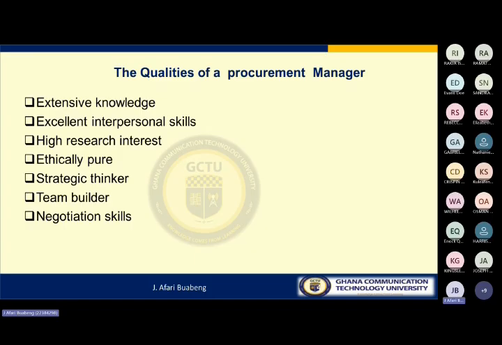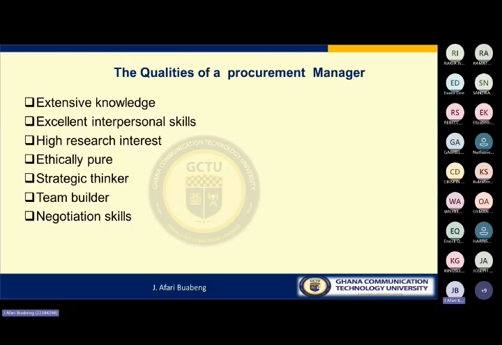I've already mentioned that we deal with a whole lot of stakeholders, primarily internal stakeholders. Who are the internal stakeholders? Internal stakeholders are the organizations or departments that are within the organization. There may be several departments or units.